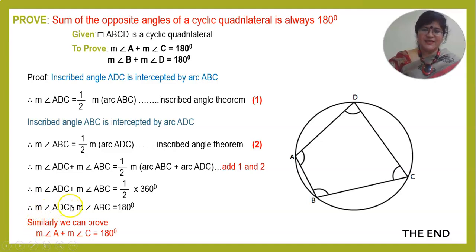Measure angle ADC plus measure angle ABC equal to 180 degrees. So I have proved here that angle D plus angle B equal to 180 degrees. And then you can write down, similarly, we can prove angle A plus angle C equal to 180 degrees. You need not prove it. You just write down the statement that similarly we can prove. I hope you have understood how to prove that the opposite angles of a cyclic quadrilateral add up to 180.